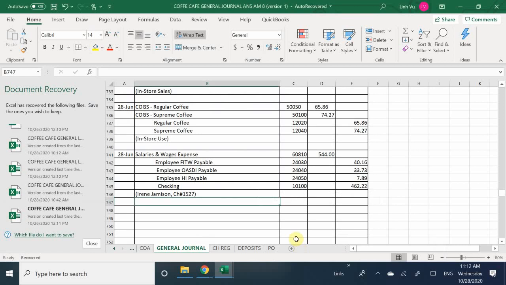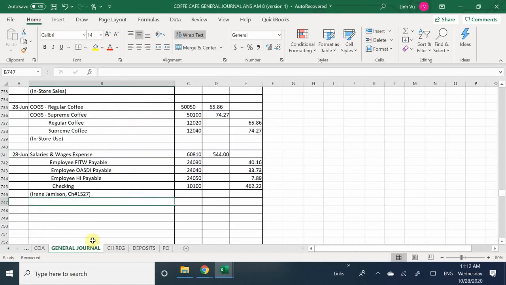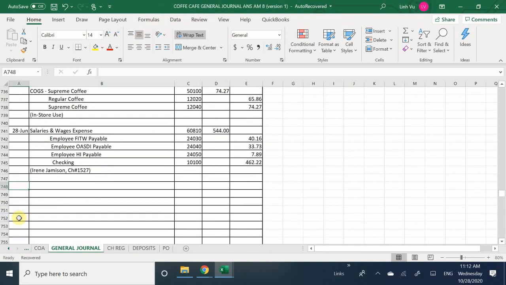Okay. So good. Everything is still intact here. So all we have to do now is update the taxes that we had to pay for Irene for employing her. So here we recognize that we had a payroll tax expense.